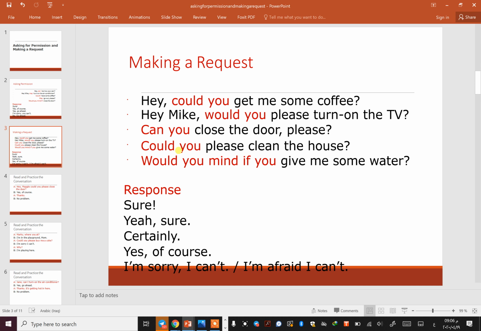If you look at these sentences, you're going to find that all of them are followed by you and then the base verb. After could you, can you or would you, we always have you, because this is a request, and then we have a base verb.